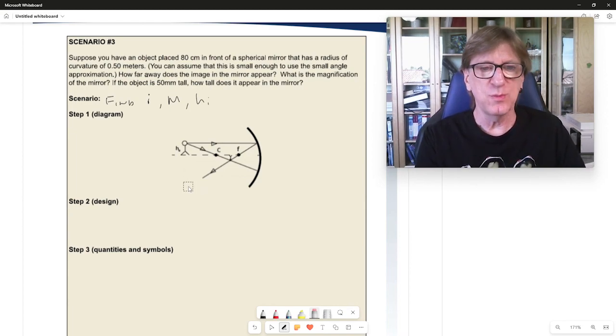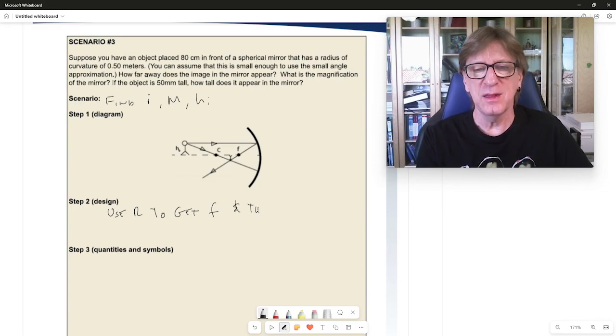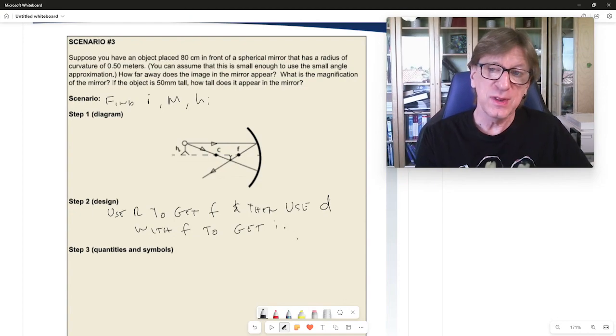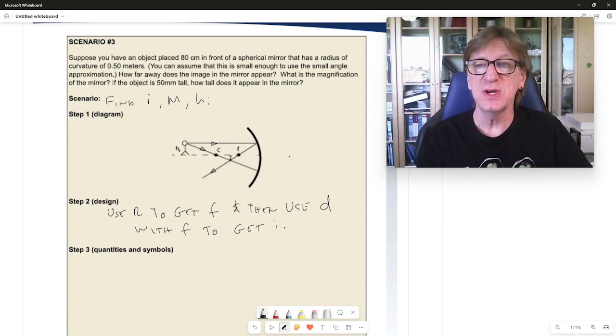Okay, so we know the radius of curvature is 0.5 meters. So we're going to use the radius of curvature to get F. And then we're going to use our object distance D with F to get I. Now the next part says we need the magnification, but we have an equation for the magnification.